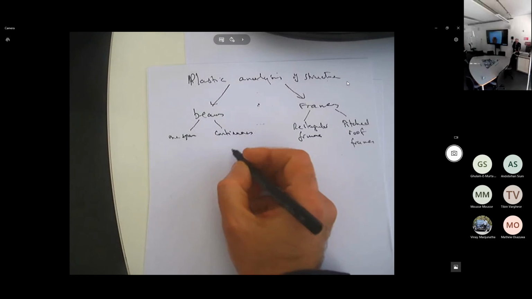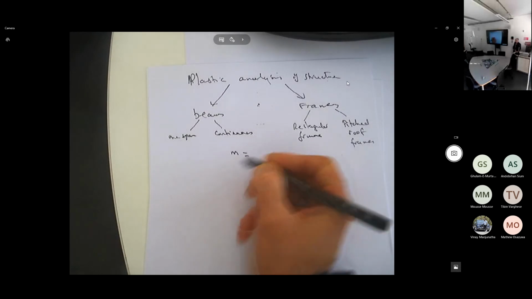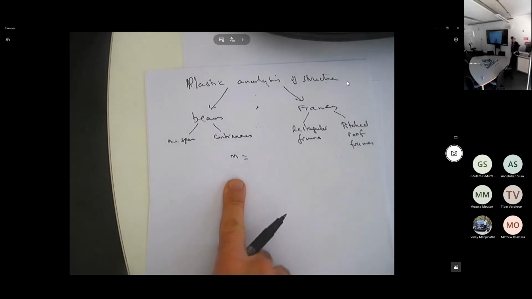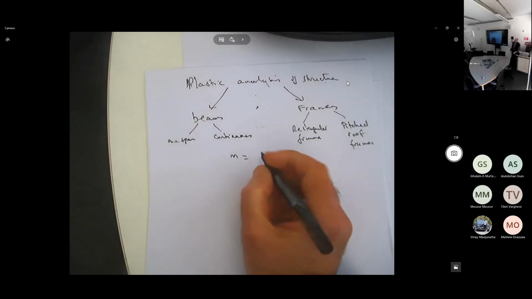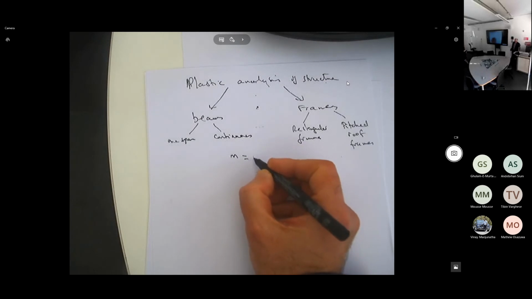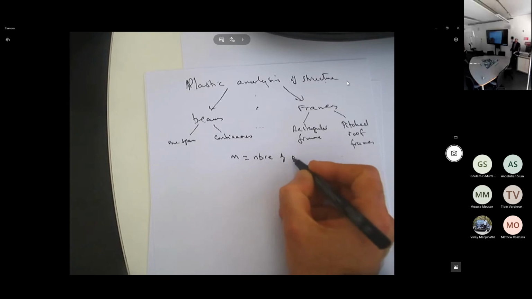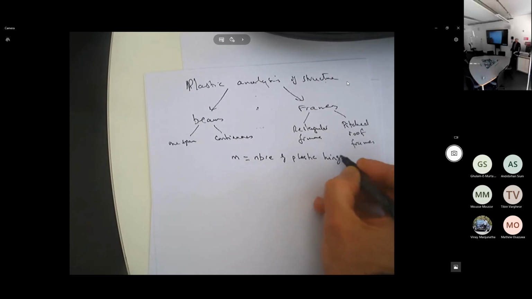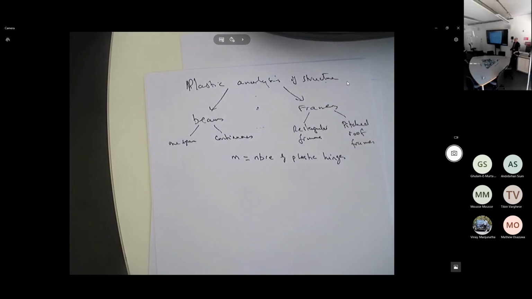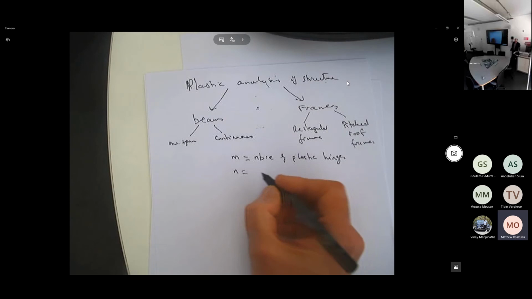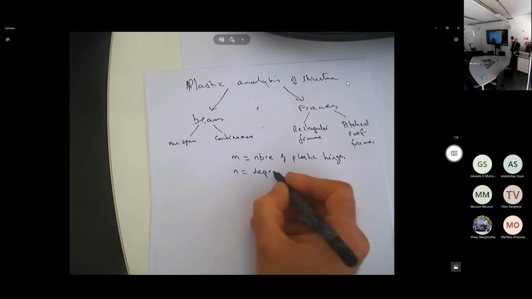So it will be very helpful to always use the rules to guide you. Okay. So M is, what was M again? Number of plastic hinges. Do you remember? Yeah. So M is the number of plastic hinges, and N will be, what was N? Yeah.